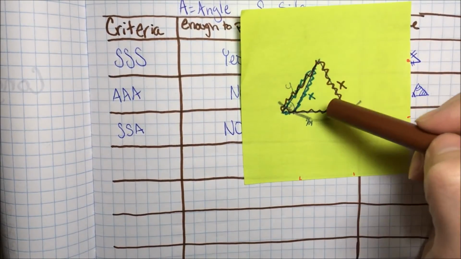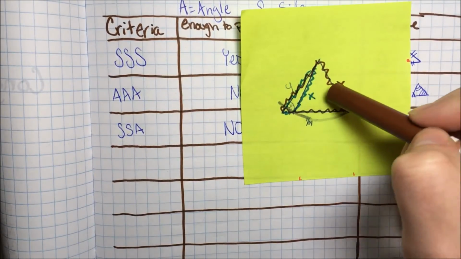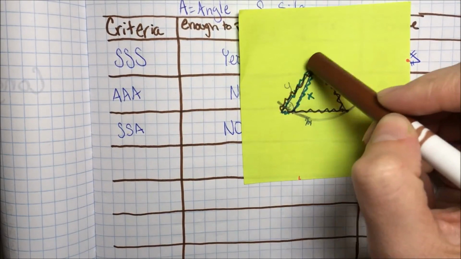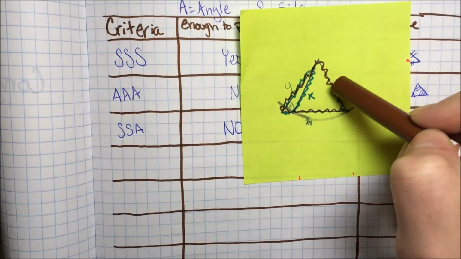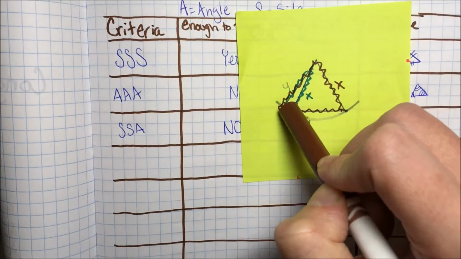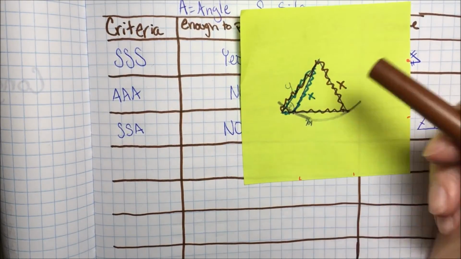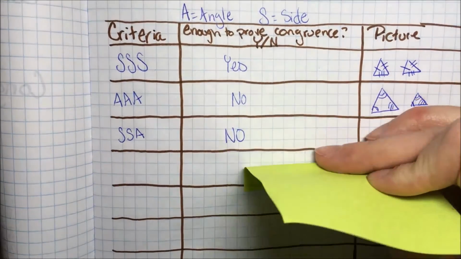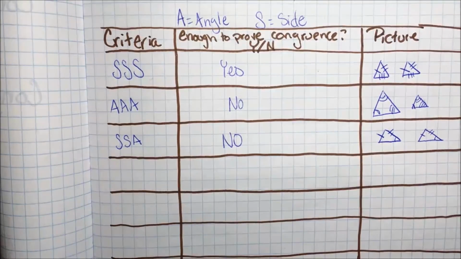So these two triangles, the blue triangle and the brown triangle, have a pair of sides that are equal, one side that is x and another side that's y, and an angle. So there's side, side, angle. But they're two different triangles, so they're not congruent. So side, side, angle does not work to prove congruence.